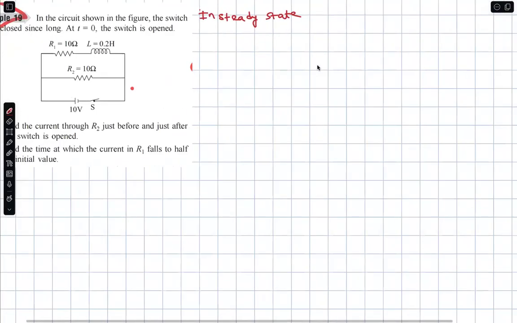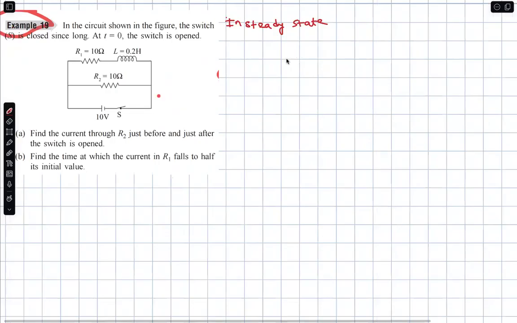In steady state, what is that? It is an arrangement like this.